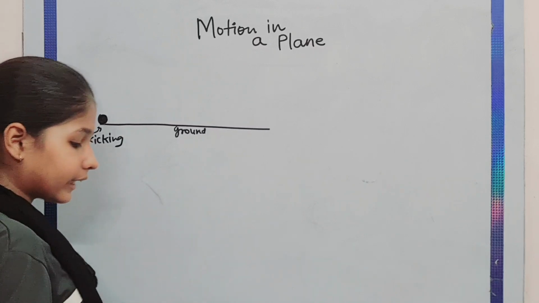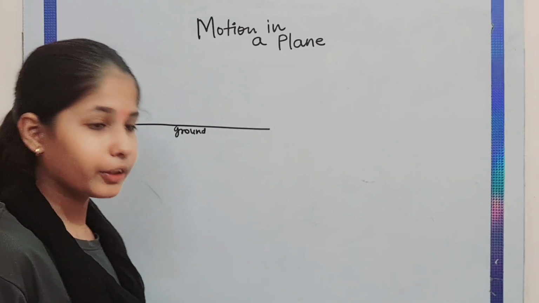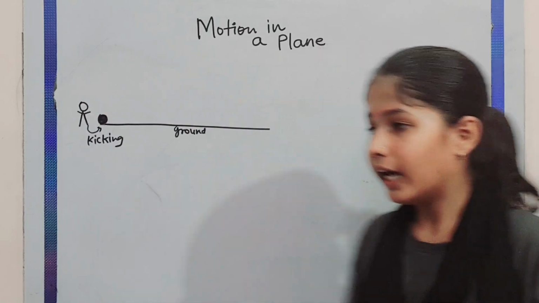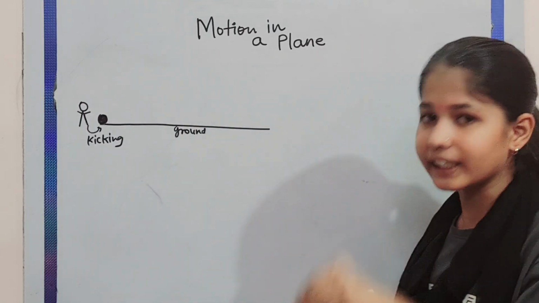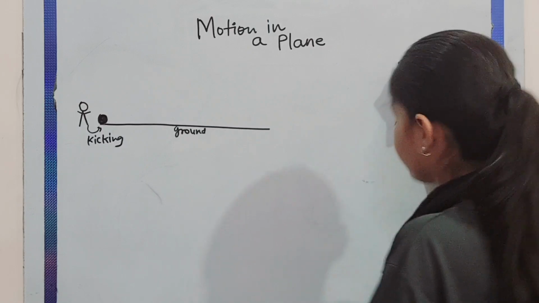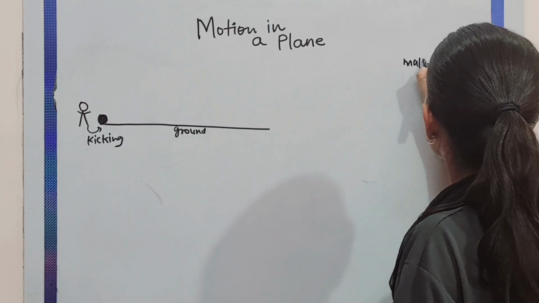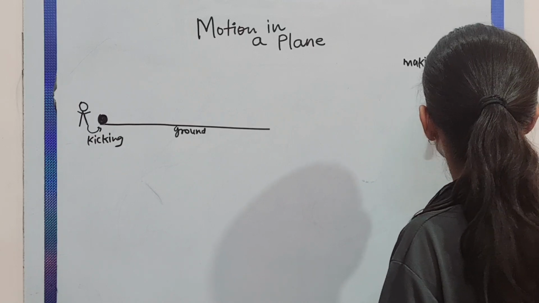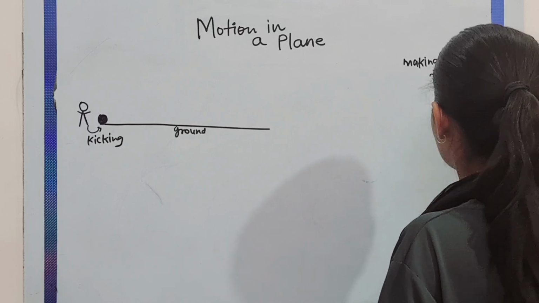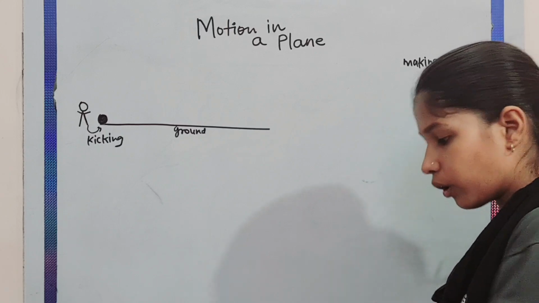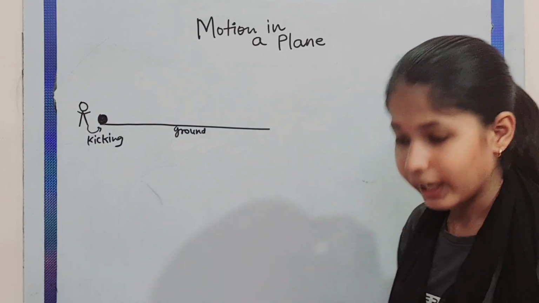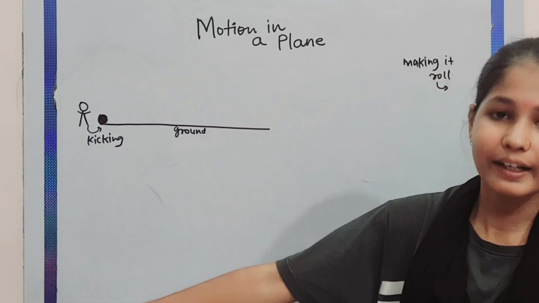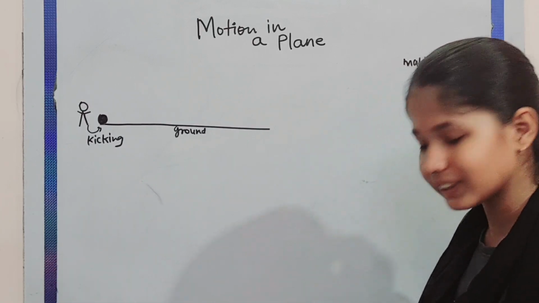So when he kicks it at some angle, see what happens. If I have a ball, and you are not kicking it but just making it roll, you don't have to make it jump.